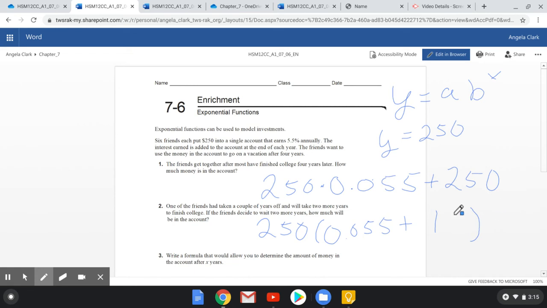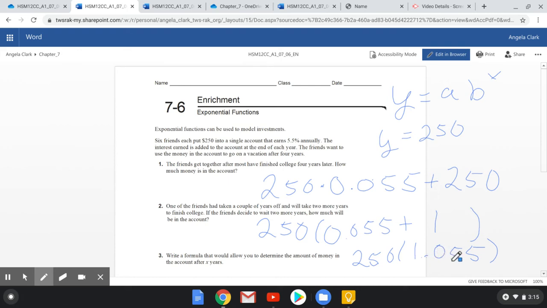So if I add the 1 plus 0.055, I get 250 times 1.055. Sorry, the whole point was I was adding 1 to that. So this would be the amount that I would have after 1 year.